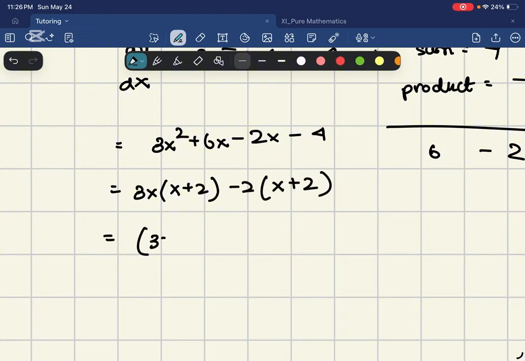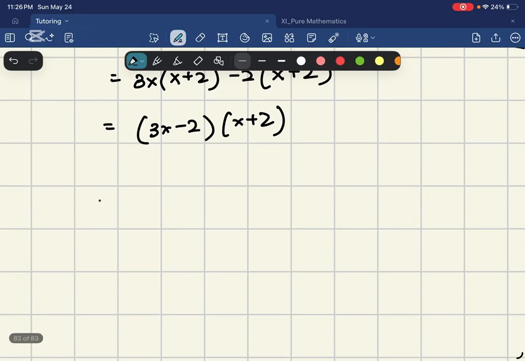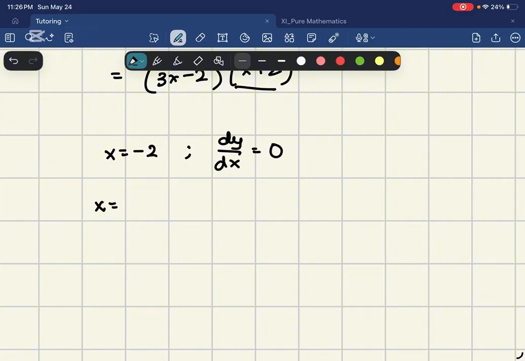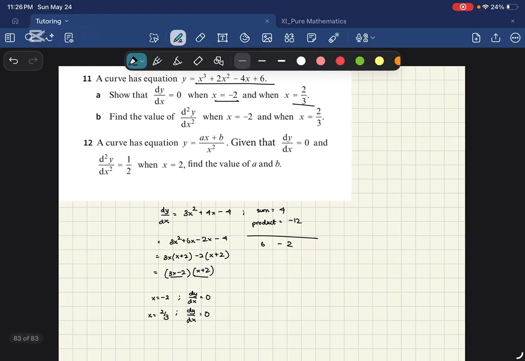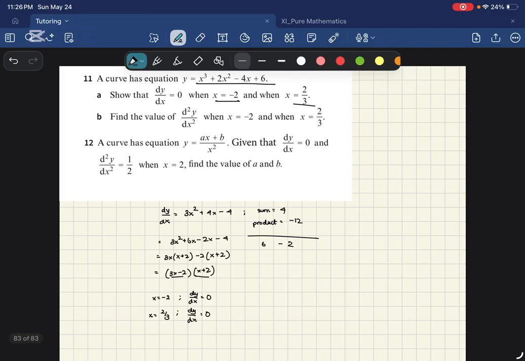So you have 3x minus 2, x plus 2. That is going to be your factorization. So x is equal to negative 2. You have dy by dx is equal to 0. This because this term will be 0. And x is equal to, from this, you are going to get 2 over 3. And that is going to produce dy by dx is equal to 0. So basically, it's very straightforward, right?